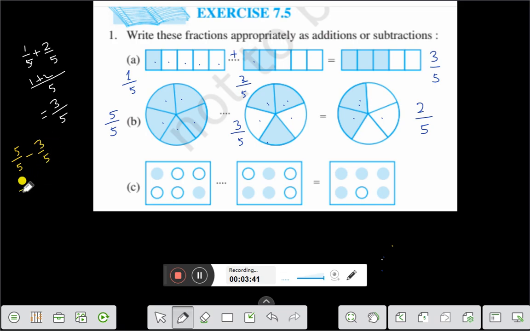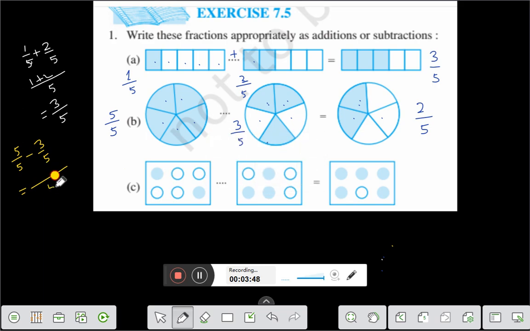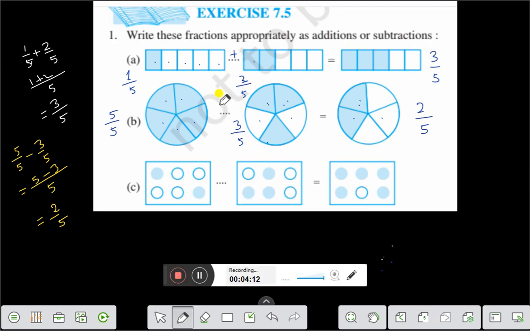Then what you are getting, 5 is the LCM, 5 minus 3 is 2, that is 2 by 5. Here the answer is 2 by 5. Therefore, this will be subtraction, that means it will be minus.